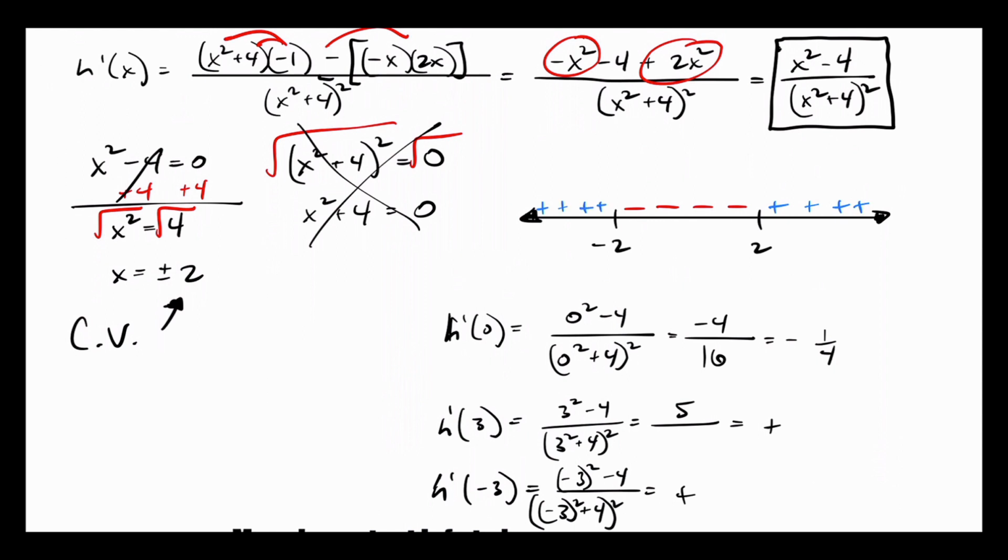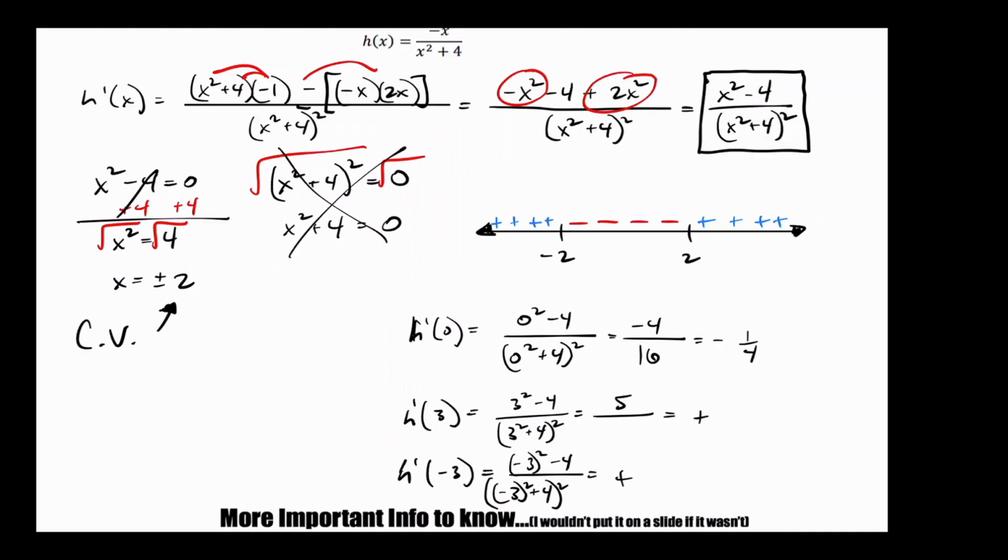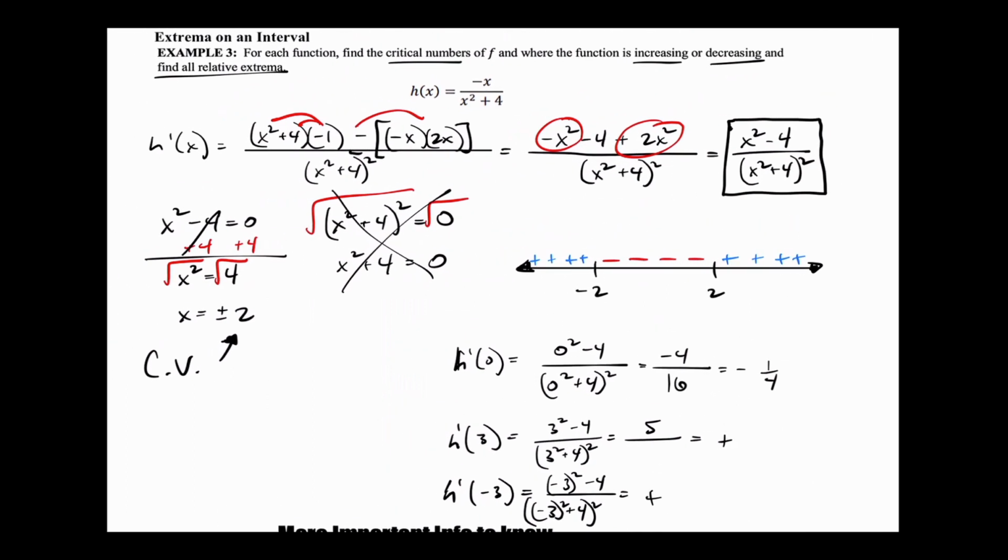Okay, I'm going a little fast because we're running low on time, but you can essentially get the idea. So increasing before negative 2, decreasing between negative 2 and 2, increasing afterwards. Okay, so write that down, and we're done.